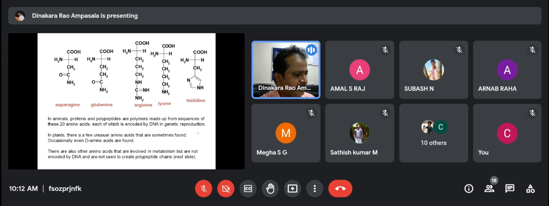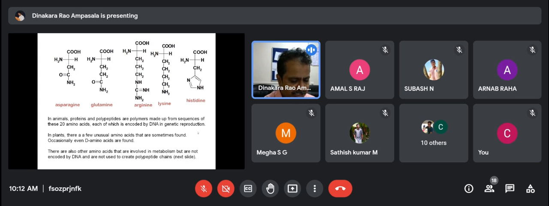Okay, in plants there are a few unusual amino acids that are sometimes found. As I said, D series amino acids are found more in plants. And there are also other amino acids that are involved in metabolism but not encoded by DNA.